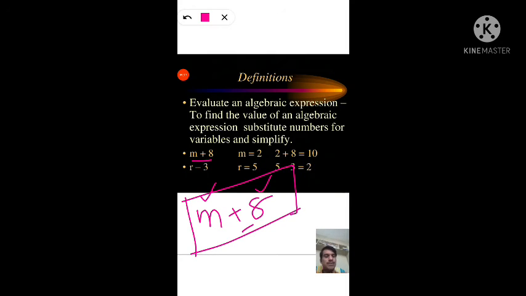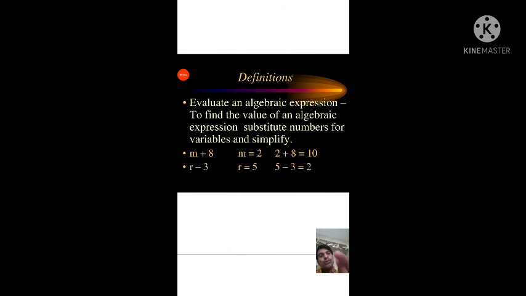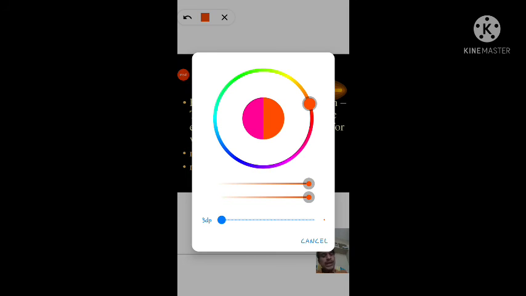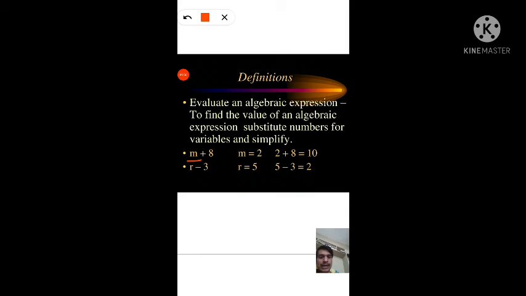In this expression the variable quantity is m, so if I want to substitute the m value as 2, that means replace m by 2, then what value will you get?